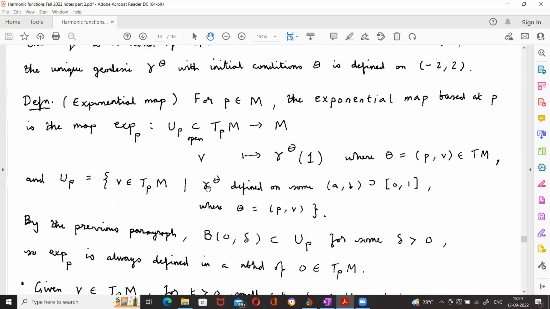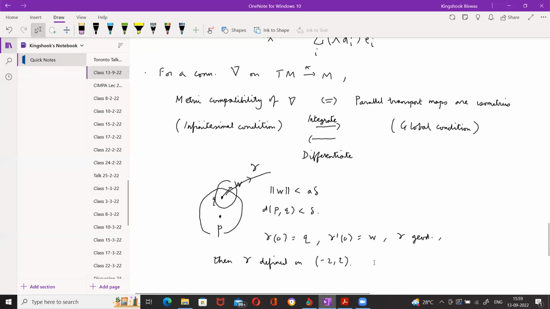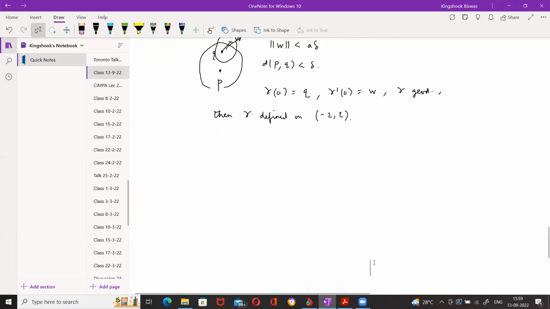Okay. So by what we've said above, some ball of radius delta around the origin is contained in the domain of the exponential map. Right? So this map exp sub P is always defined in a neighborhood of the origin in the tangent space. So here's the exponential map.